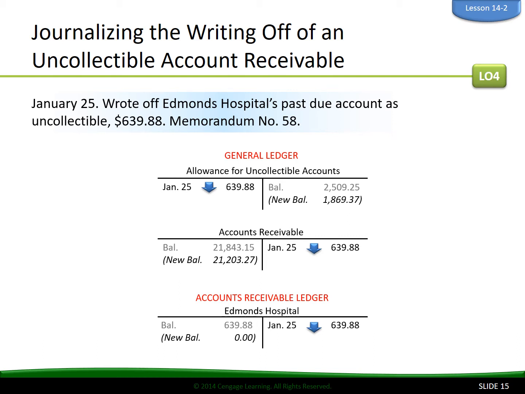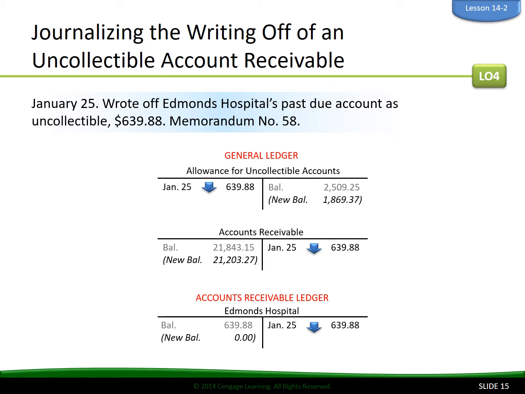Then the accounts receivable, the new balance on the left-hand side would be $21,203.27. Okay, which you can see is just the difference between the $639.88 and the starting balance. And then to make everything equal, the right-hand side will go down by $639.88.